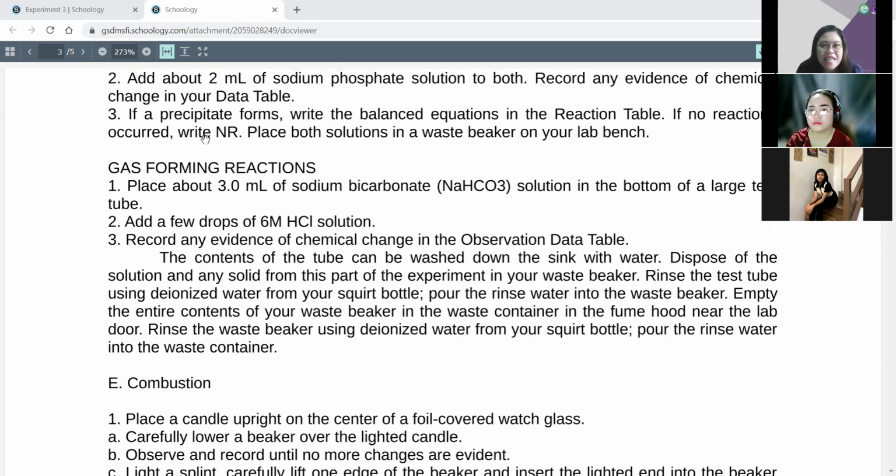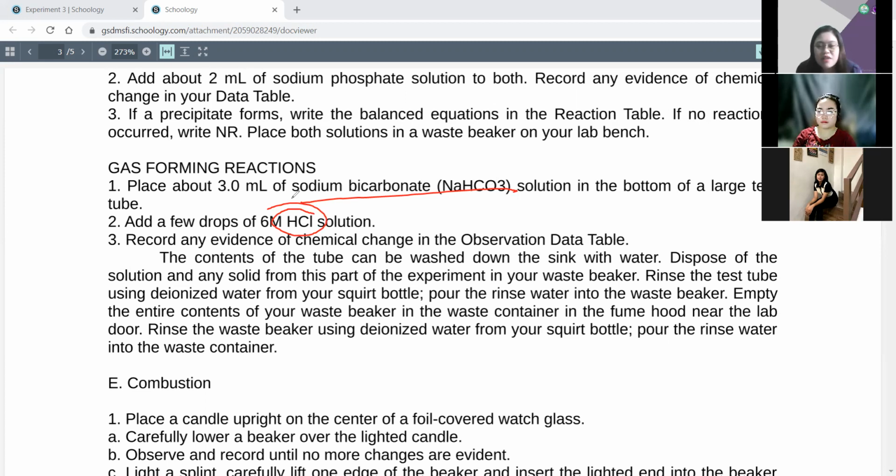And then we have gas-forming reactions here. This is actually a neutralization reaction, a reaction between an acid and a base. So you have to identify which of the reacting substances is the base and which is the acid. So you have here sodium bicarbonate reacting with hydrochloric acid.